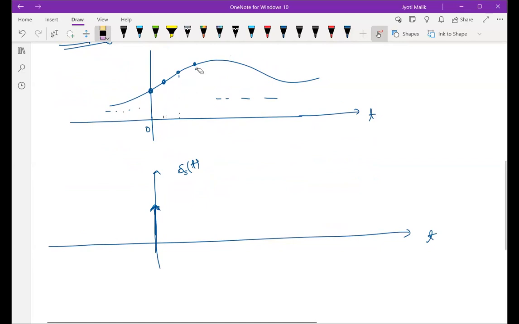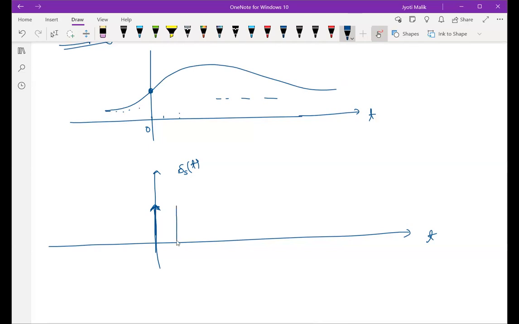Let's say this was your message signal, and here we have the impulse train. Every impulse will be separated by a time interval of ts. So you'll have many impulses like this on both sides after every ts time.